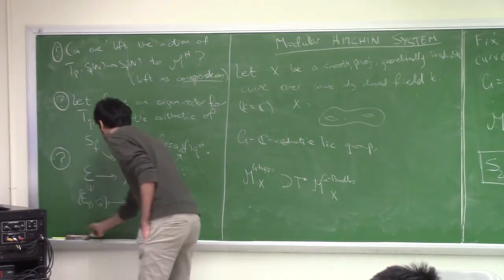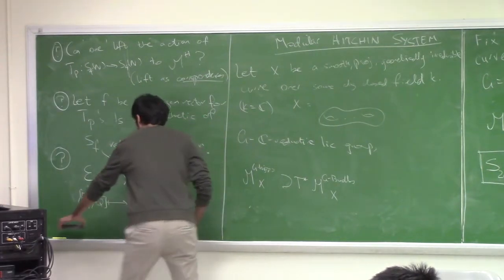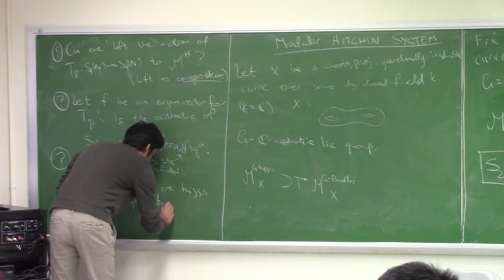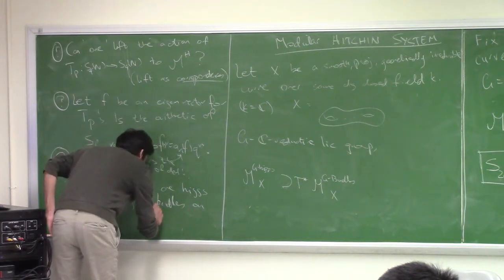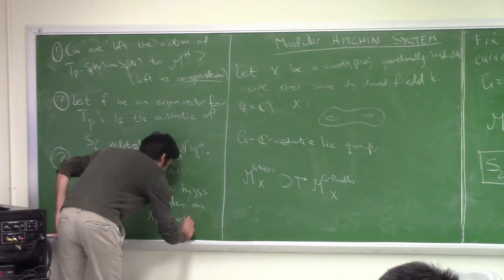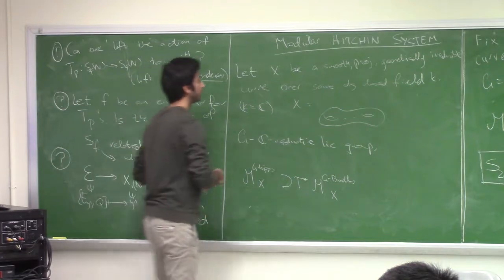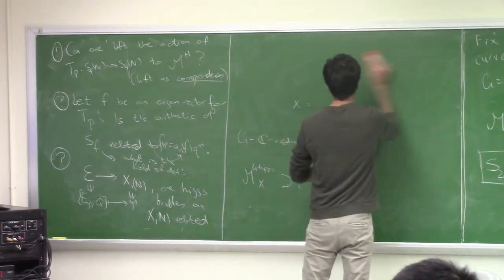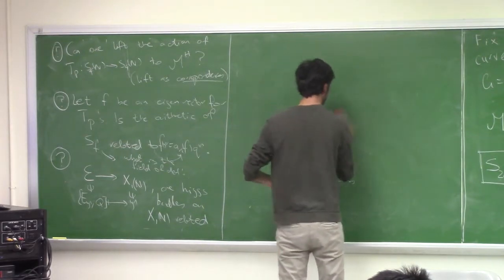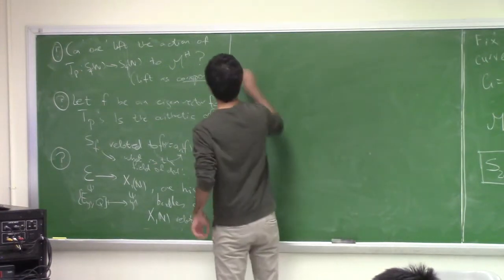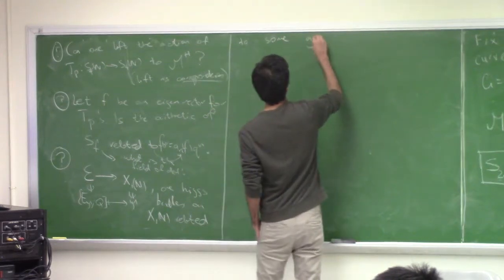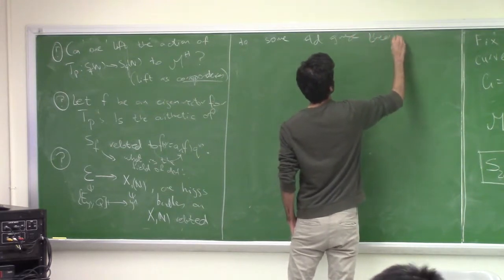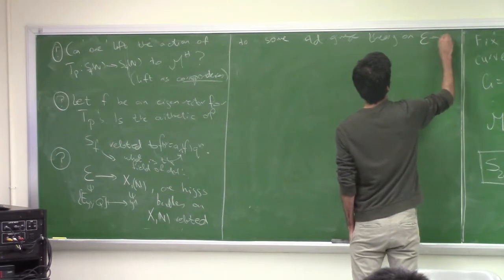And the question is, are Higgs bundles on X_1(n) related to some four-dimensional gauge theory on this family E?